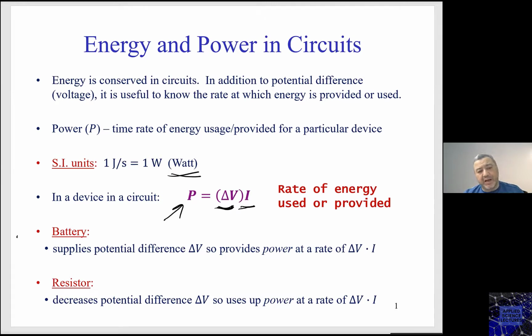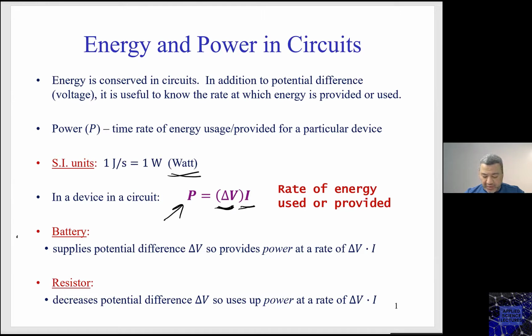Batteries supply power or energy. They provide a potential increase, a potential difference, such that the potential is increased. Resistors, on the other side, are absorbing the power or energy, and they tend to decrease the potential difference, as we have seen.